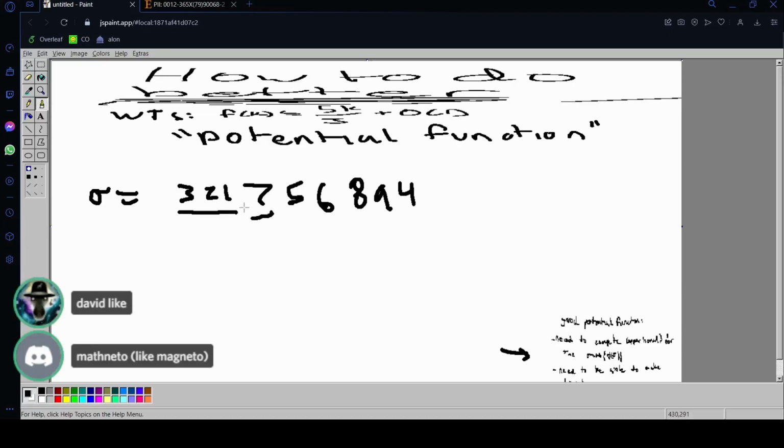It doesn't differ from 5 by 1. So this is a block, this is a block, this is a block. And so we can give it any permutation, we can decompose it into blocks, and some of these have size 1, and some of these are larger.